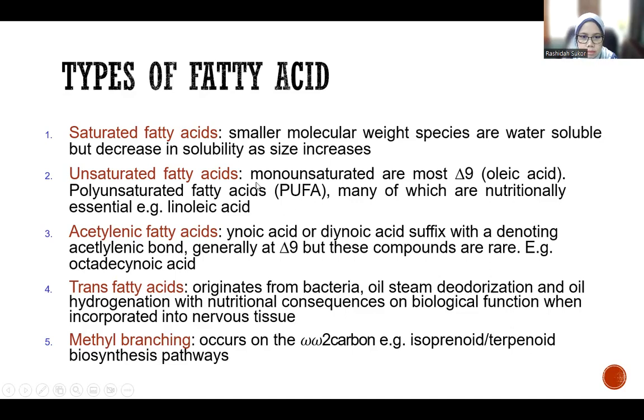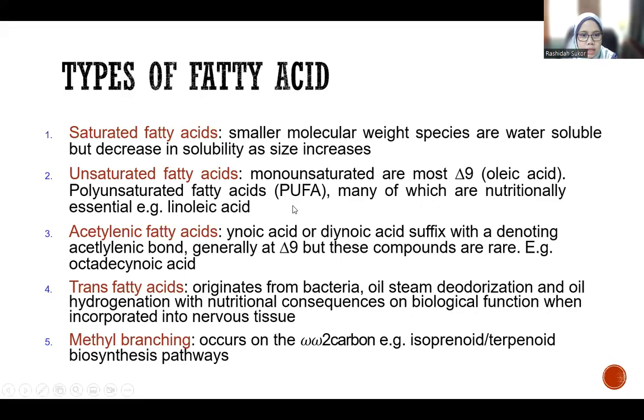Okay, kalau mono lah, mono unsaturated are mostly delta 9. Delta 9, tadi kita tengok, kalau dia tulis delta 9 is carbon number 9 from the carboxylic side. Okay, polyunsaturated fatty acid has more than one double bond, which are more nutritionally essential.